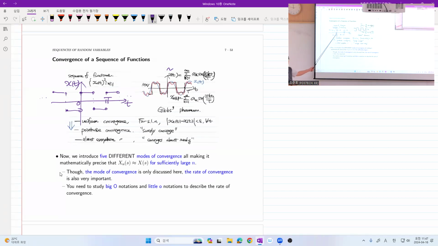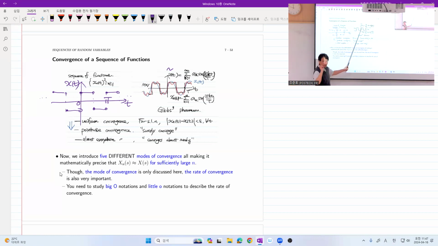Now, given this function, what did you do in signals and systems? You derived Fourier series coefficients, and you used them to rewrite x of t using a series of functions. So here goes x tilde.